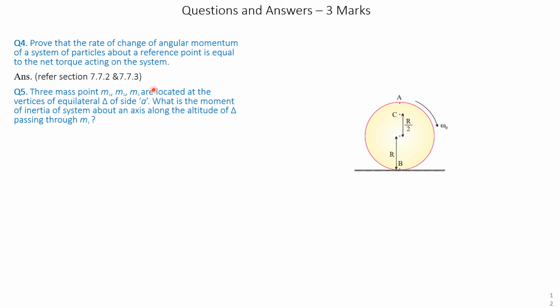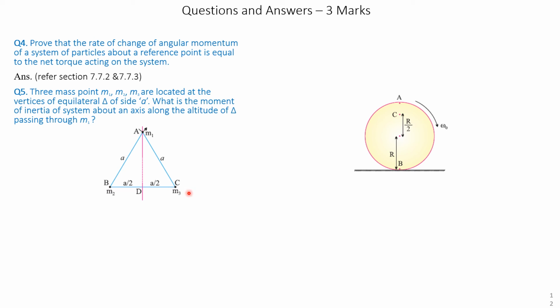Question 5. Three mass points M1, M2 and M3 are located at the vertices of an equilateral triangle of side a. What is the moment of inertia about an axis along the altitude of the triangle passing through M1? So the figure is shown here.